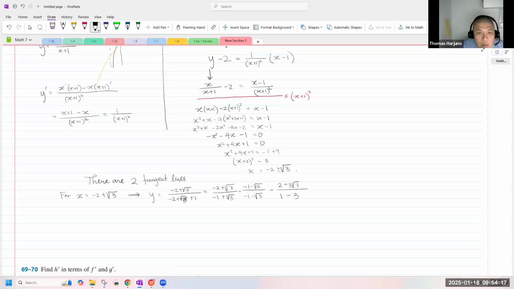No. Positive 2 minus 1 plus radical 3 only. Minus 3. So that is negative 1 plus radical 3 over negative 2.